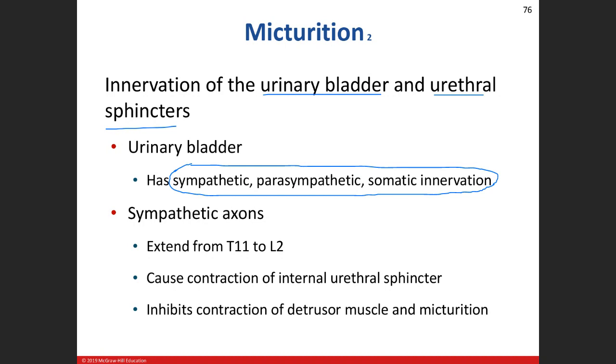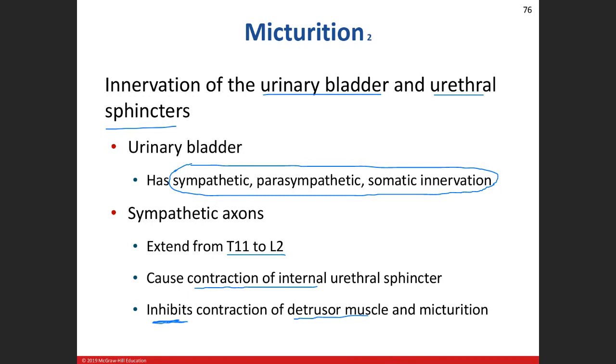Let's start with the sympathetic one. You need to know this: T11 through L2. Those are the spinal nerve levels that cause contraction of the internal urethral sphincter. It will also inhibit contraction of the detrusor muscle.